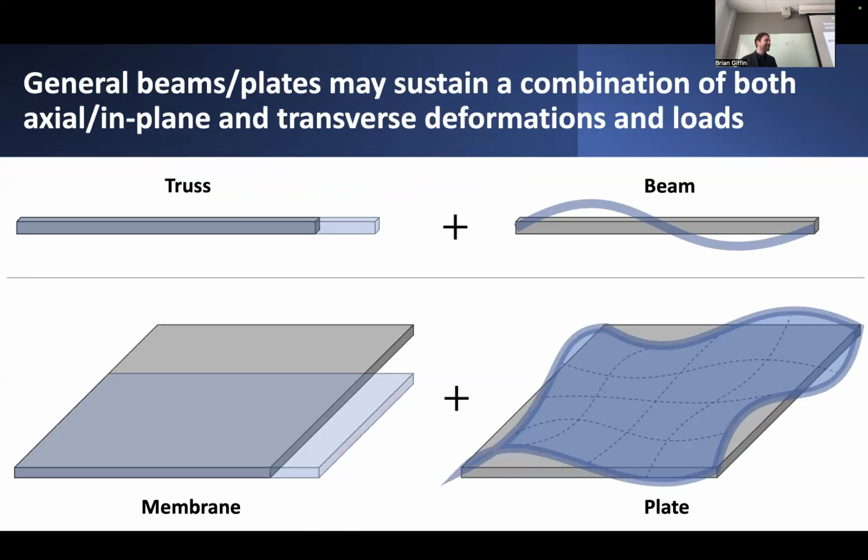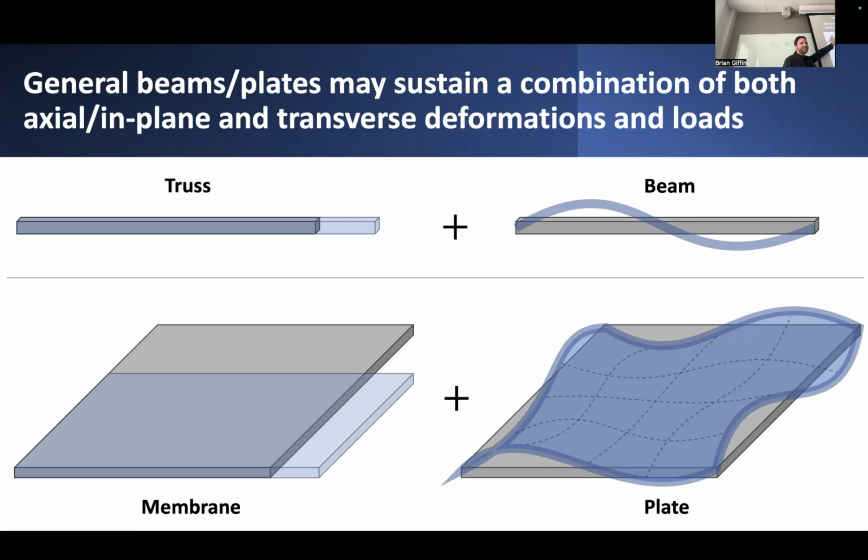And it's made more complicated by the fact that beams and plates don't just undergo transverse loads, right? They also undergo in-plane loads or axial loads, depending on which of these two things you're looking at. In the case of beams, certainly you could have transverse deflection due to transverse loading, but you could also have axial deformation due to axial loads. And in general, those two things can happen at the same time.